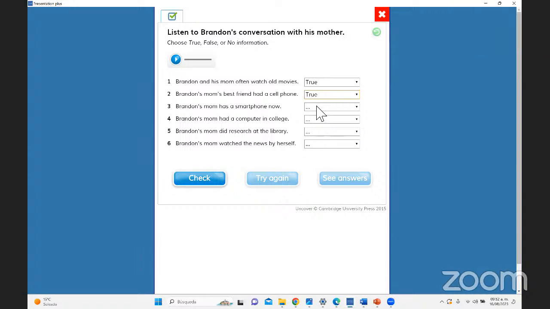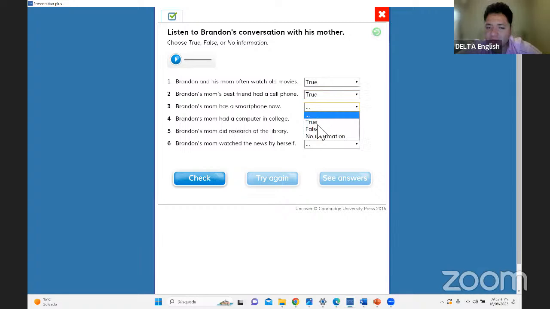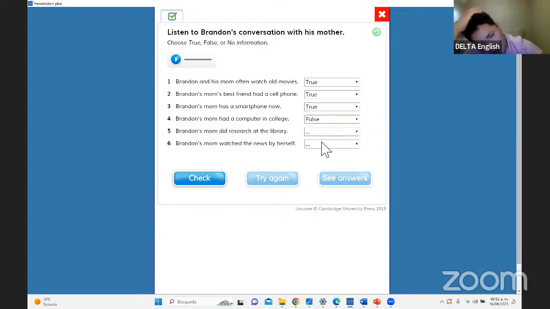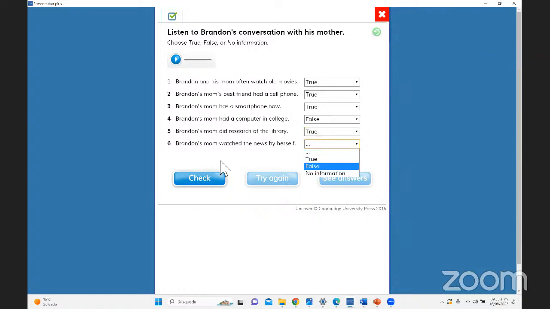True. Maybe no information. I don't think they mention it. Right? Brandon's mom had a computer in college. False. False. Brandon's mom did research at the library. True. Brandon's mom watched the news by herself, sola. False. False. Yeah, we can check.